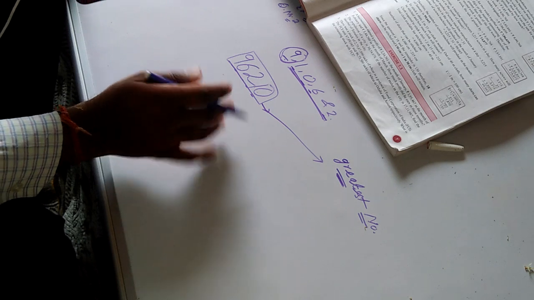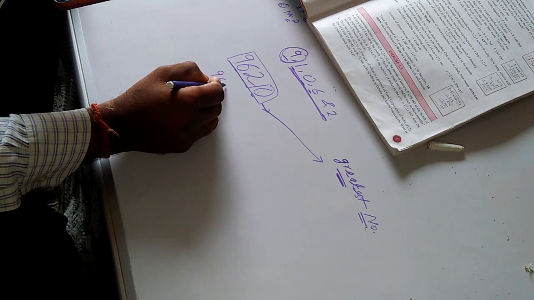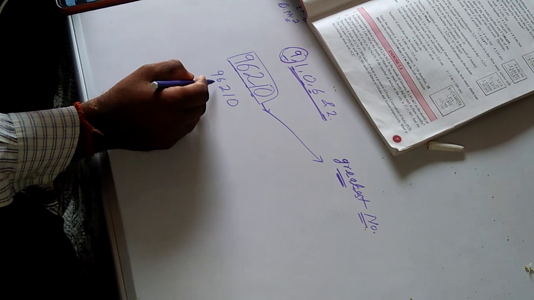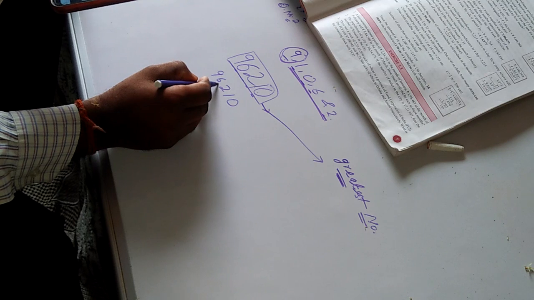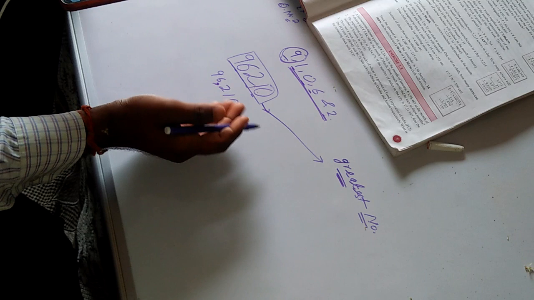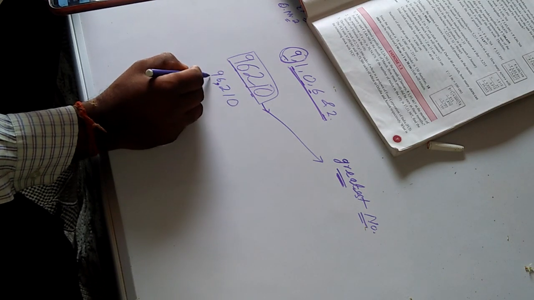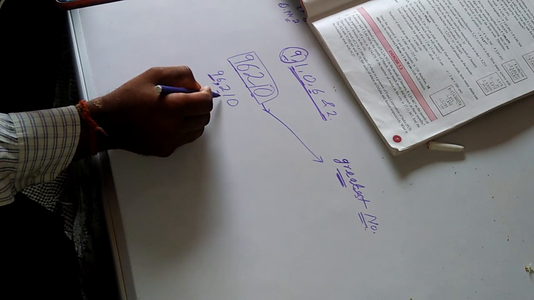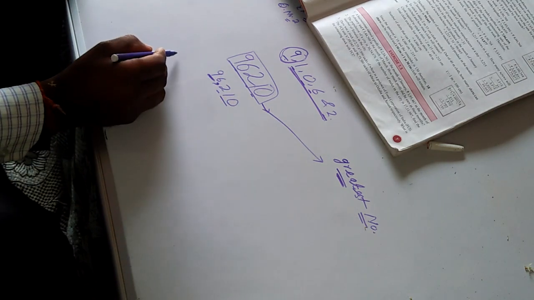And how will you write the name of this number? According to the Indian place value system, we put commas just after the third place, as we discussed in the last class. So the number is 96,210.